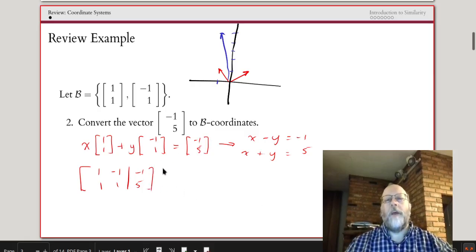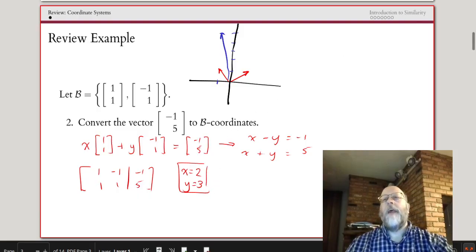And when we solve this, we get that x is equal to, no, x is equal to 2 and y is equal to 3. 2 minus 3 is negative 1, 2 plus 3 is 5.